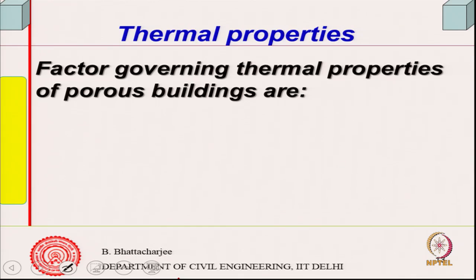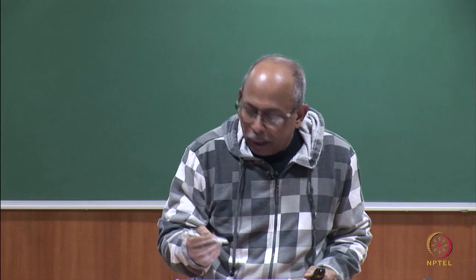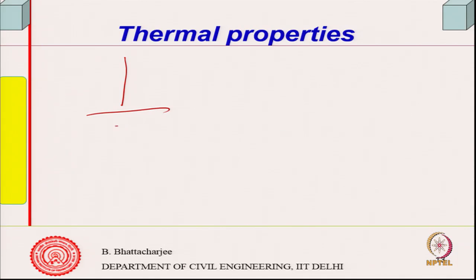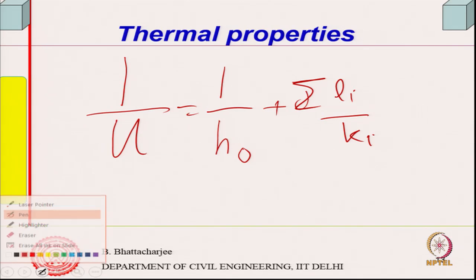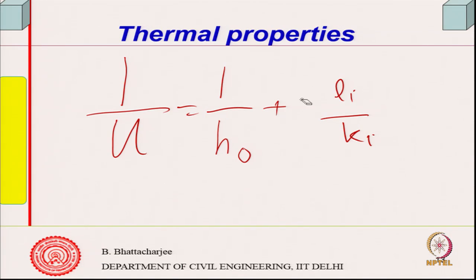Now, therefore, what is important is what is U, and I think in the last class I was saying 1 over U is equal to something I defined called surface conductance. Last class I did this for one side, and then we said that it would be sigma Li over Ki, or rather this should be written in this manner, sigma of the whole thing.